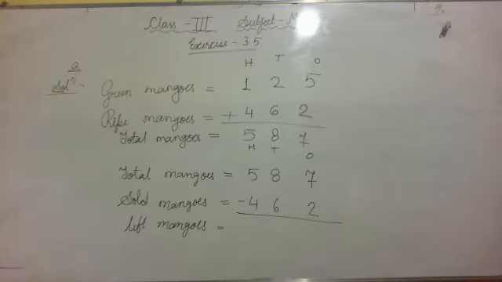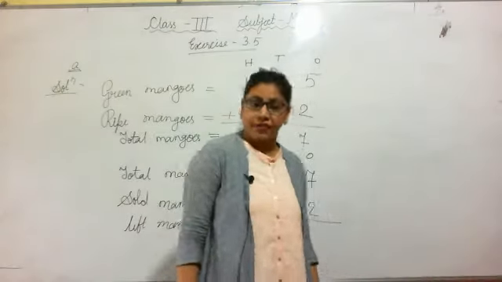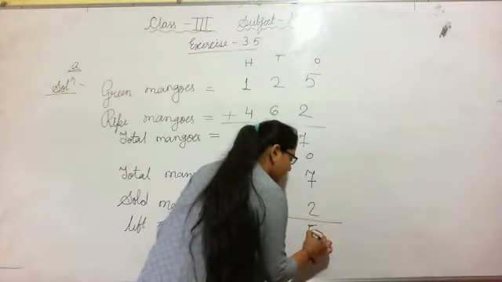So take away 2 fingers or close 2 fingers. So now count the remaining fingers, dear students. How many fingers? Very good. 5 fingers. So we will write the number 5.